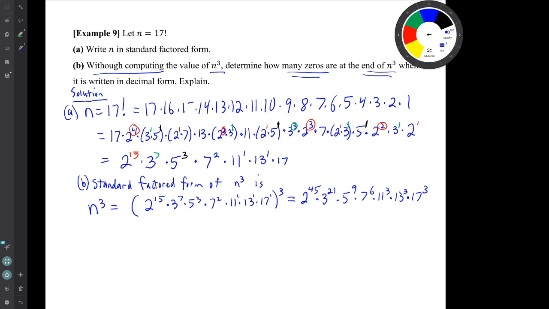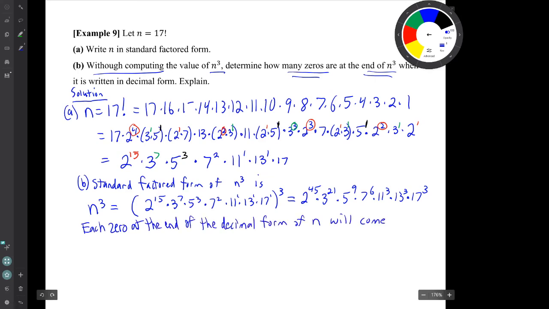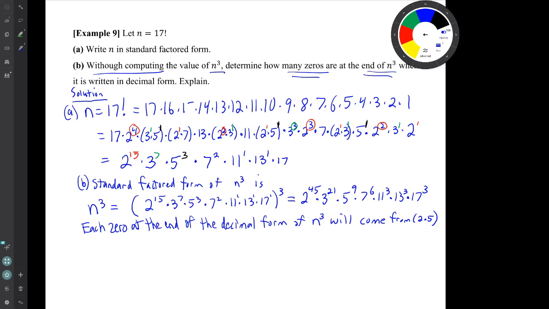So each 0 at the end comes from there being a factor of 10 in the factorization. Oh, but wait, each factor of 10 is a factor of 2 and a factor of 5. So each 0 at the end of the decimal form of n cubed will come from something of this form, 2 times 5, that is a factor of 10, in the prime factorization of n cubed.